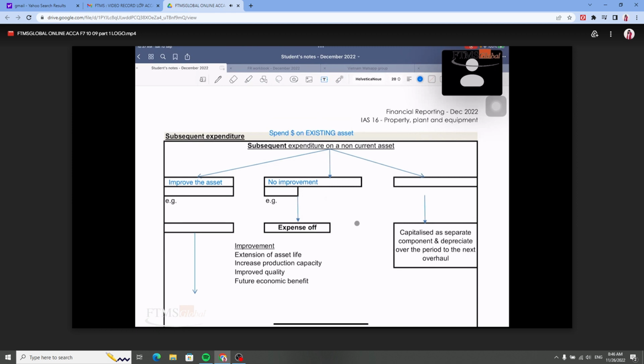Okay, so in accounting, the word to describe improving the asset is called upgrade. If you see this word upgrade, it means there's improvement to the asset. Then for no improvement, I think the word is maintain.